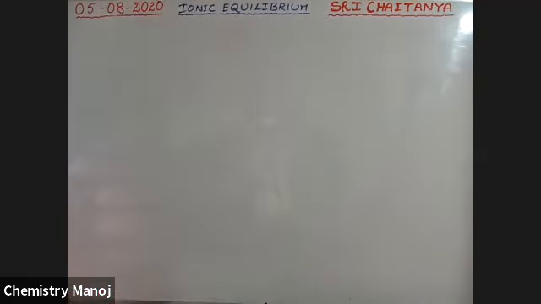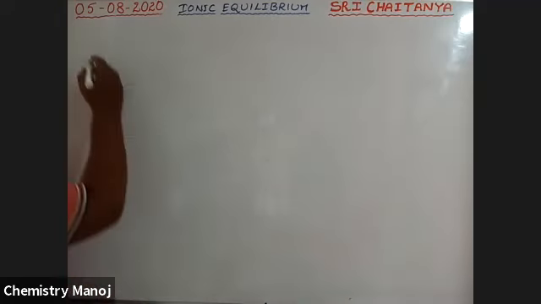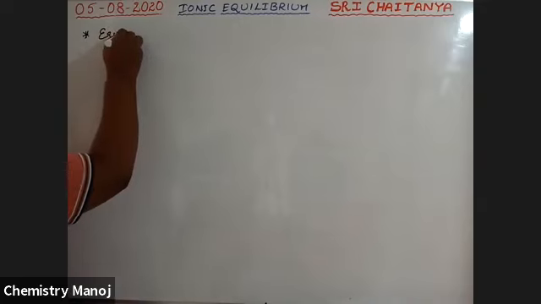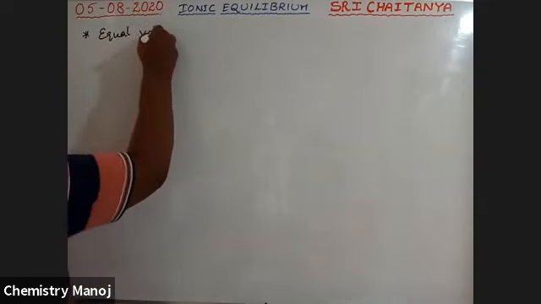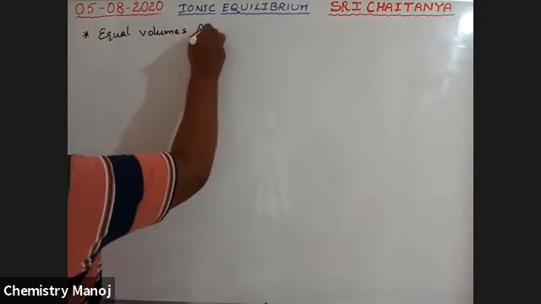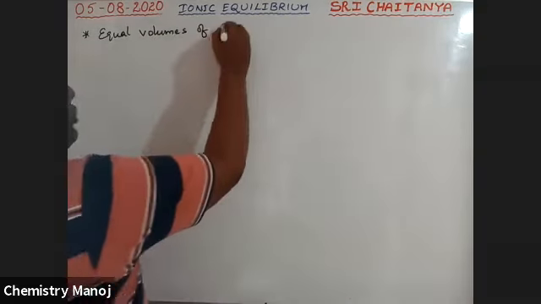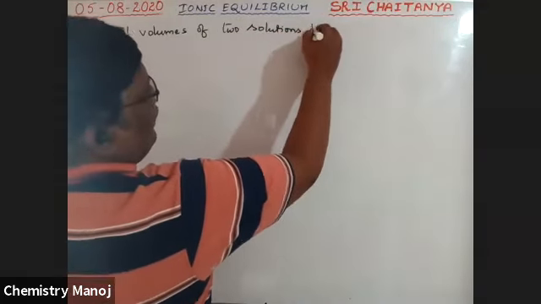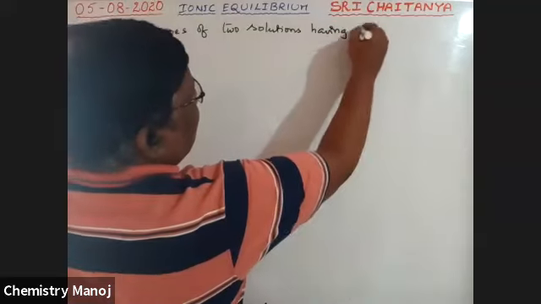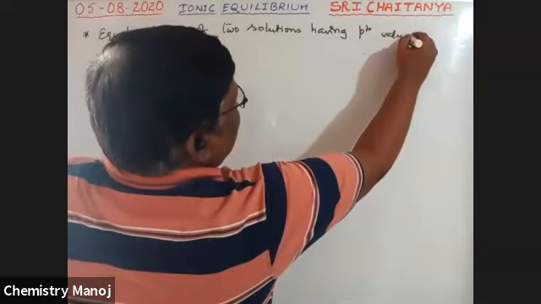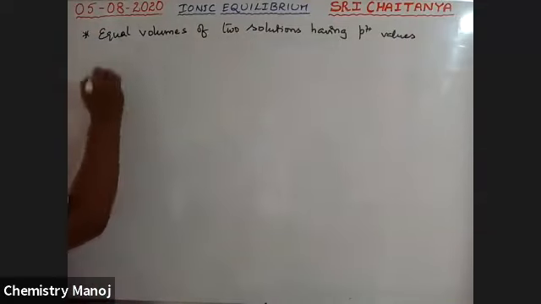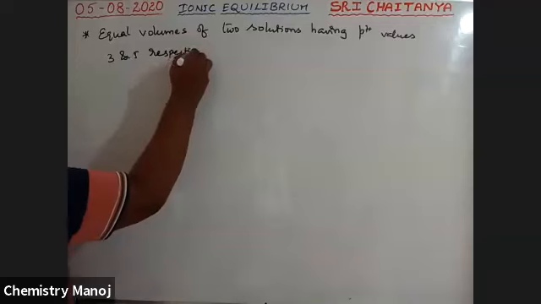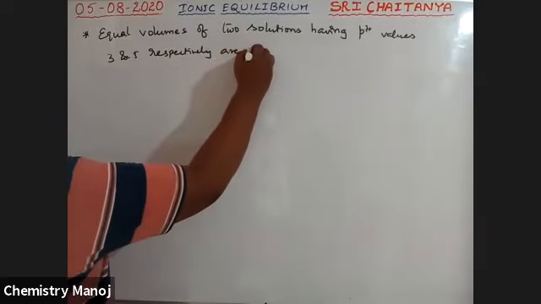Okay. See, boys, it is very, very important. Equal volumes of two solutions having pH values 3 and 5 respectively are mixed.